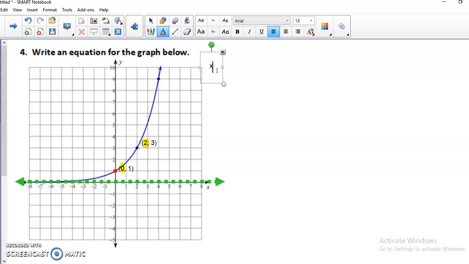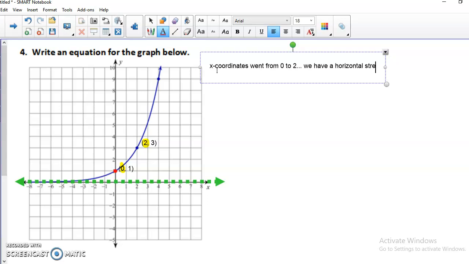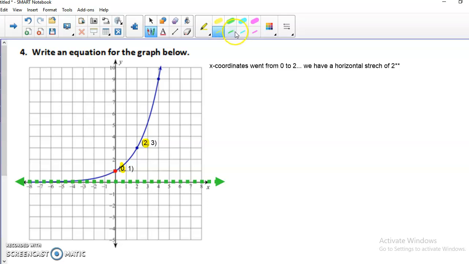Because my x coordinates went from 0 to 2, we have a horizontal stretch of 2. So we're going to have to remember to put that in our equation. Then if we look at our y-coordinates, we have 1 and 3. So notice it's getting 3 times bigger.